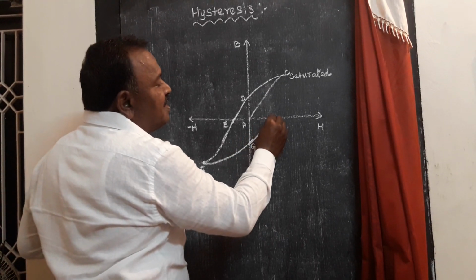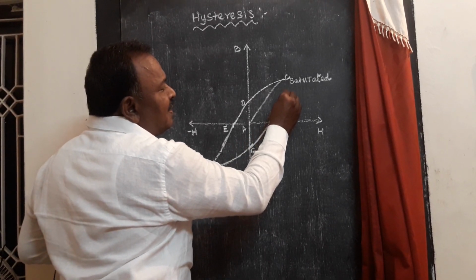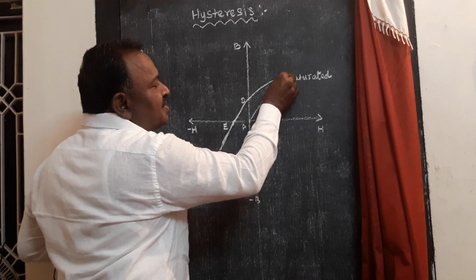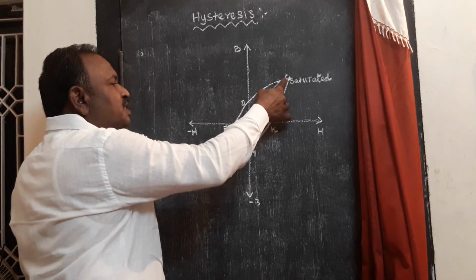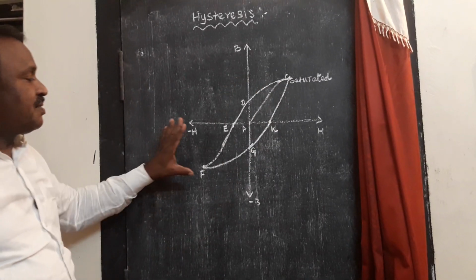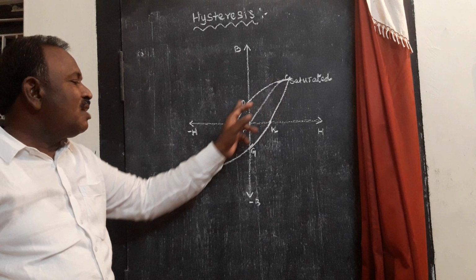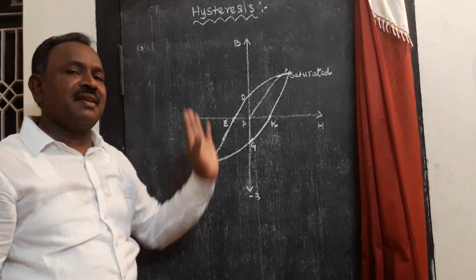Again, if I increase the magnetizing field, it will reach the saturated value. Now, this magnetic material has been taken through a cycle of magnetization.